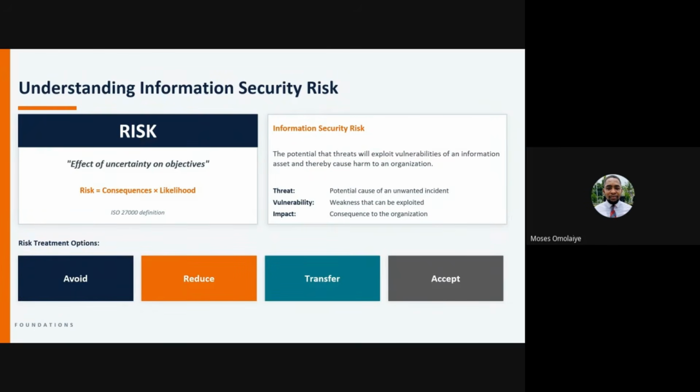Or you can transfer the risk. That's why people sign up to things like insurance or getting third parties to do certain things for you. And then you can accept the risk. That means if the organization has seen that this risk is within the organization's risk appetite, then it can be accepted.